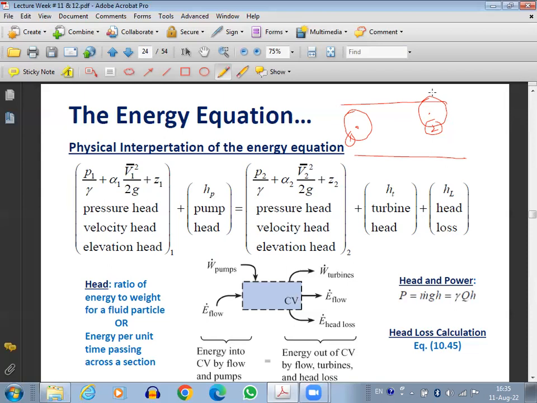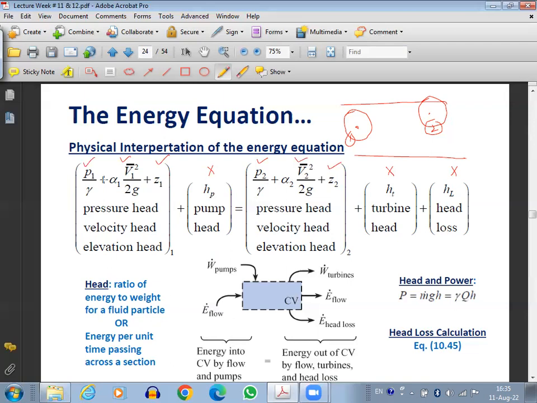If you remember, in the case of the Bernoulli's equation, we had the hydrostatic pressure head, the kinetic head, and the elevation head. We were not talking anything about the pump or the turbine, and since the viscous effects were not there, there was no heat loss, no head loss. At state point 2, we had the hydrostatic head, the kinetic head, and the elevation head.